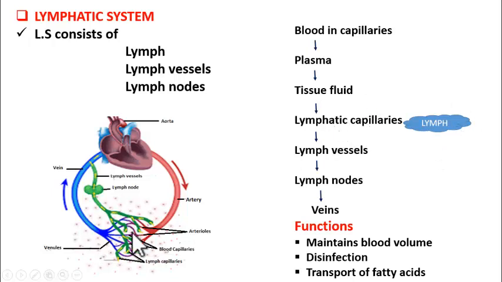Got it? Now lymphatic capillaries join and form lymph vessels. These lymph vessels, here and there, contain bean shaped structures called lymph nodes. See, one lymph node is shown here. Got it? Now the lymph flows through the lymph node, then into the vessel again, and then it is drained into a vein, which goes to the vena cava.